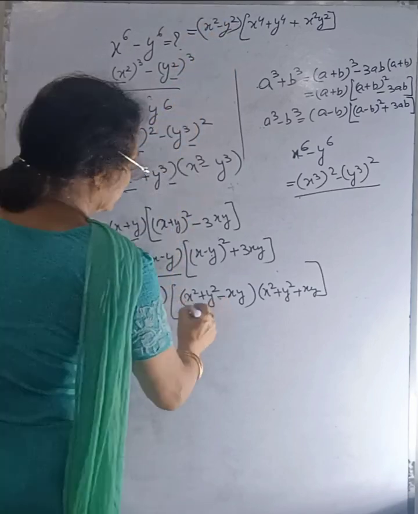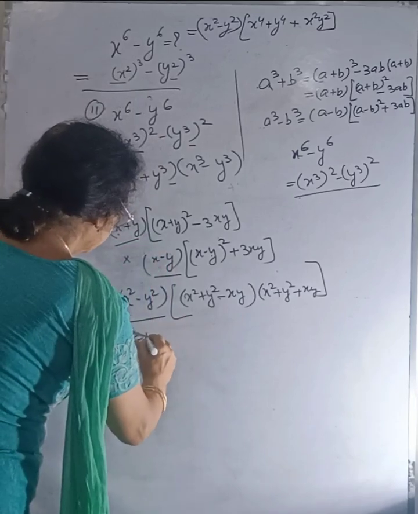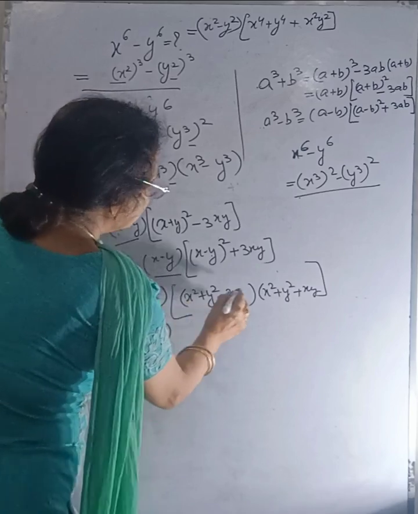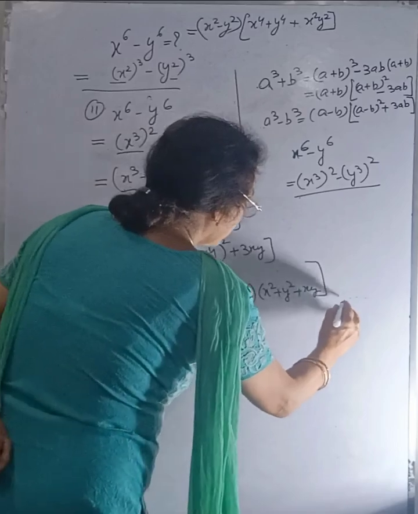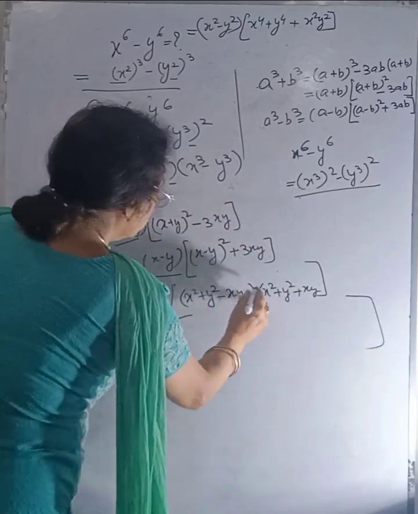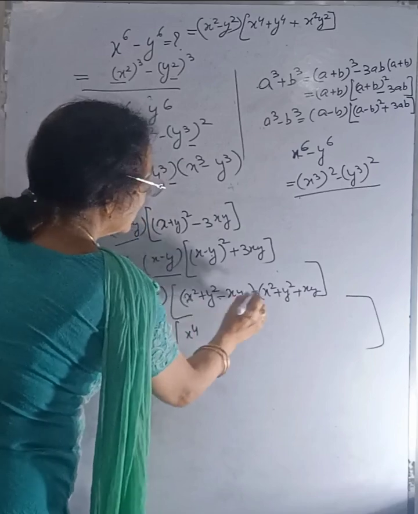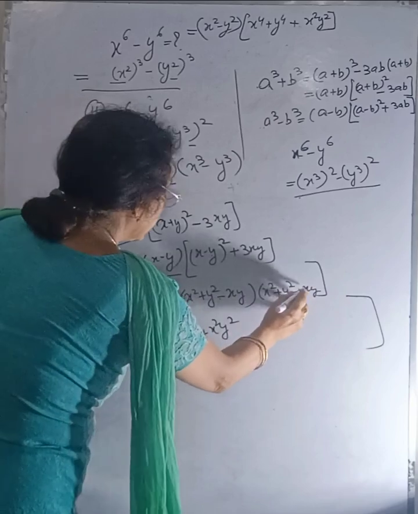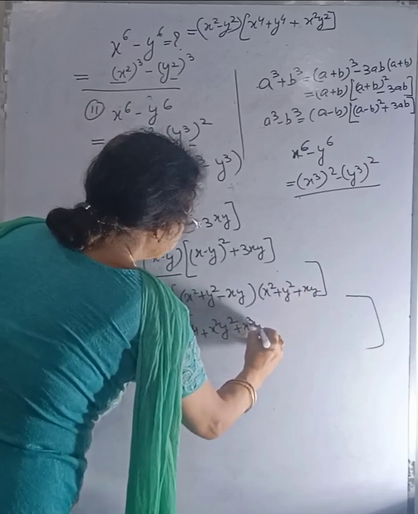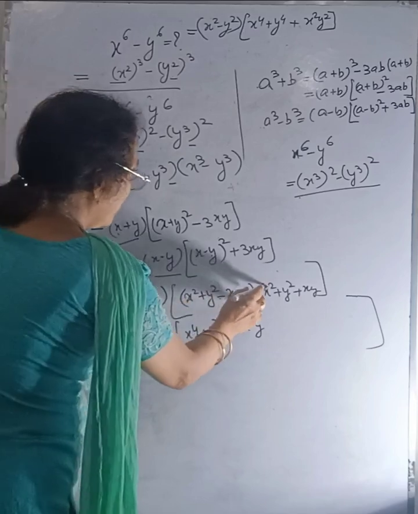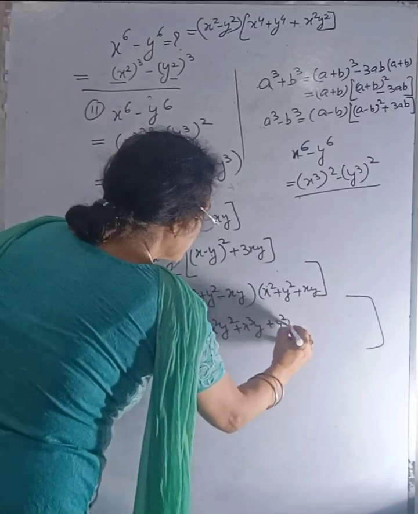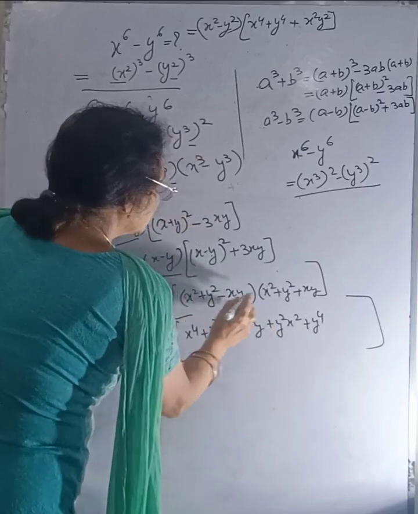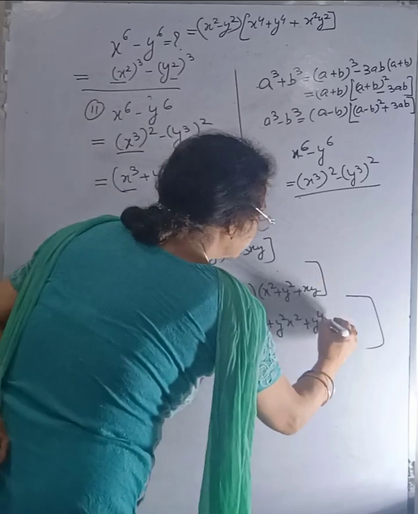This is very much okay. Now this is to be converted. Now x square minus y square gets multiplied by this: x to the power 4 plus x square y square plus x cube y. Now y square plus x square, plus y to the power 4 plus y cube x.